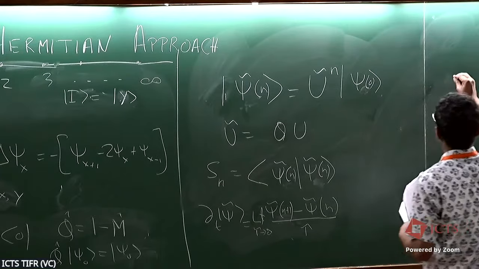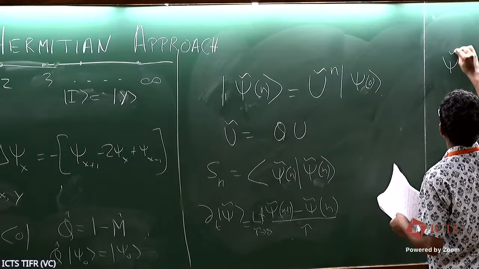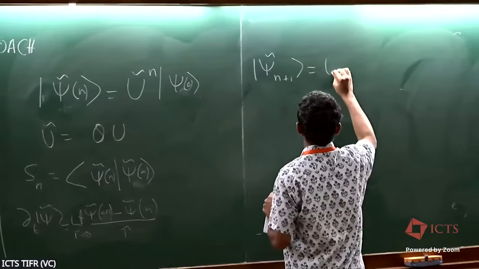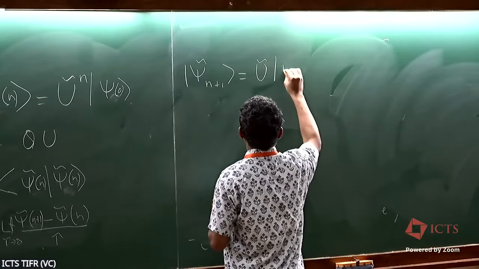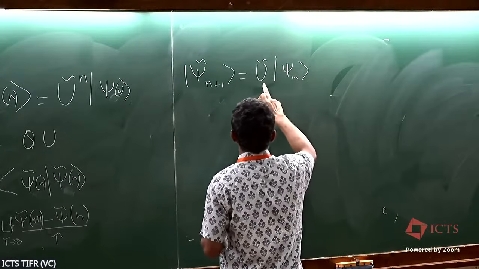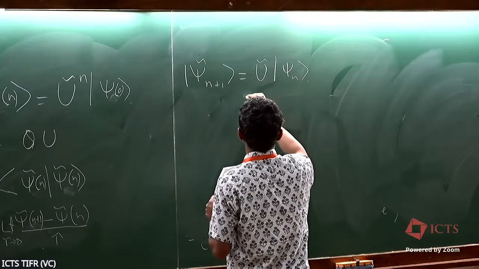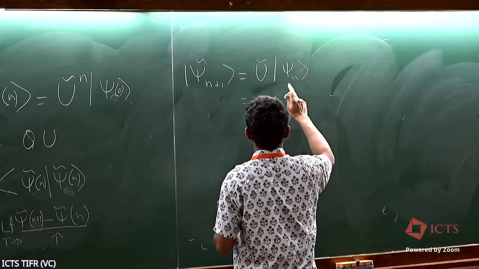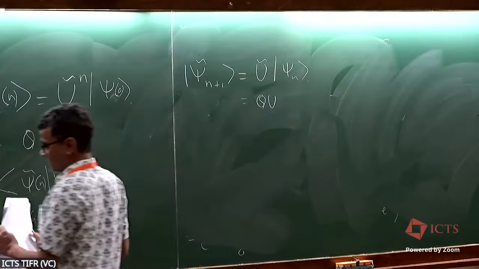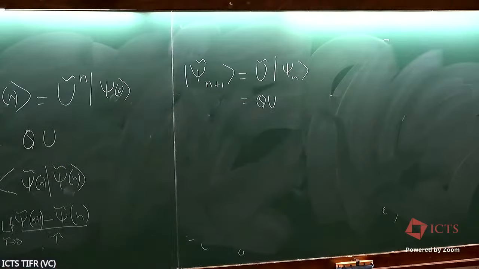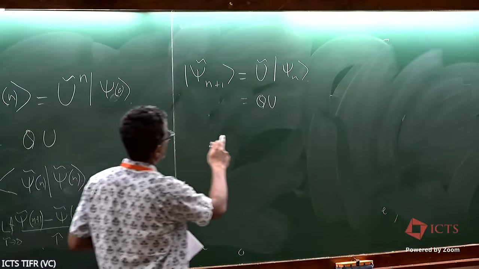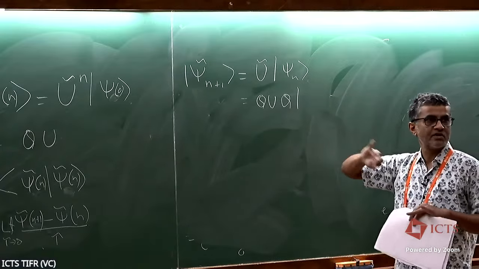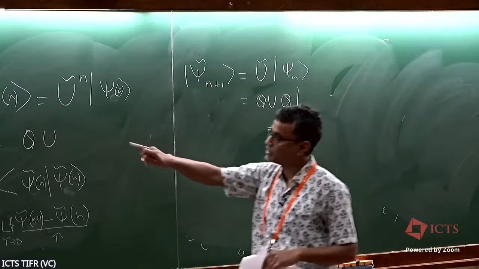Basically, first let's just evolve from time n to n plus 1. Here we had written it as Q U, but what I said is that since Q psi naught is psi naught, if we put a Q here it doesn't matter, because we are looking at the space not including the zero.